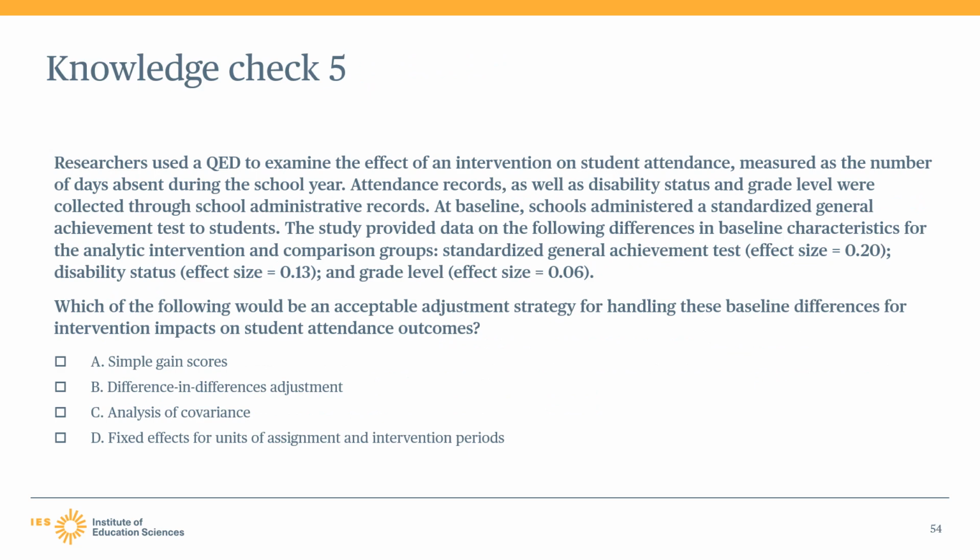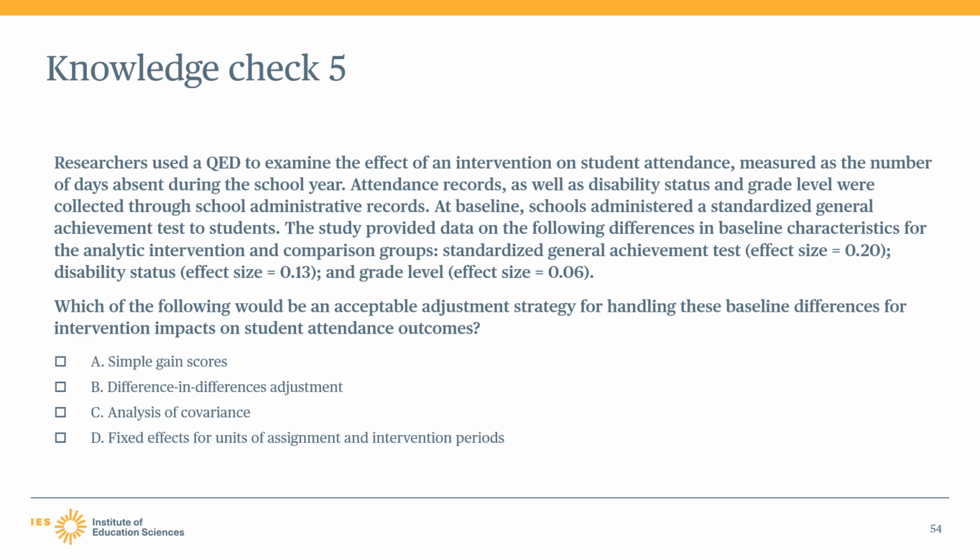Researchers used a QED to examine the effect of an intervention on student attendance, measured as the number of days absent during the school year. Attendance records, as well as disability status and grade level, were collected through school administrative records. At baseline, schools administered a standardized general achievement test to students.